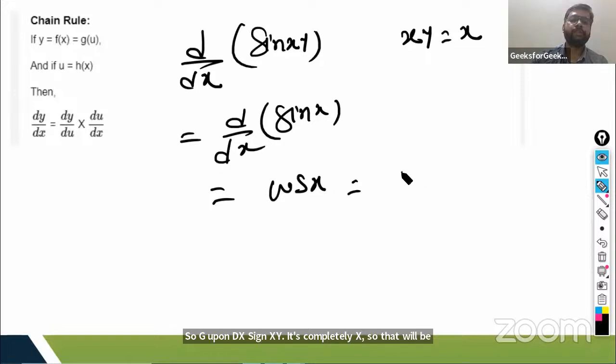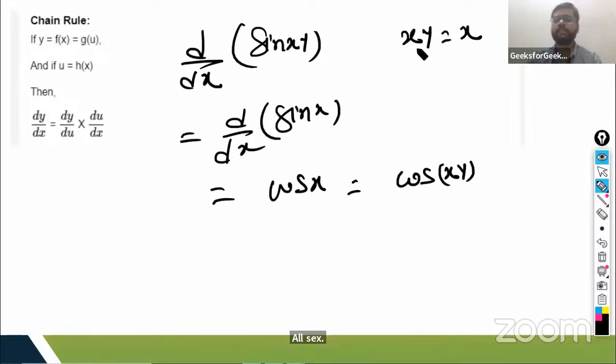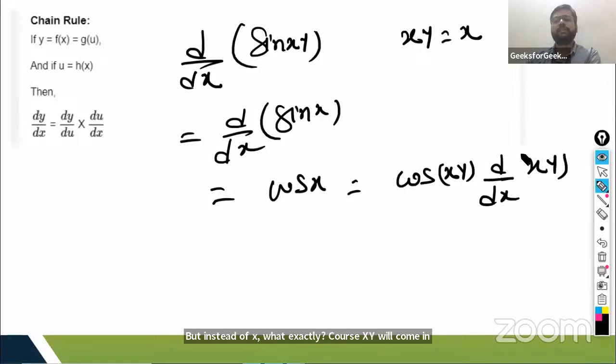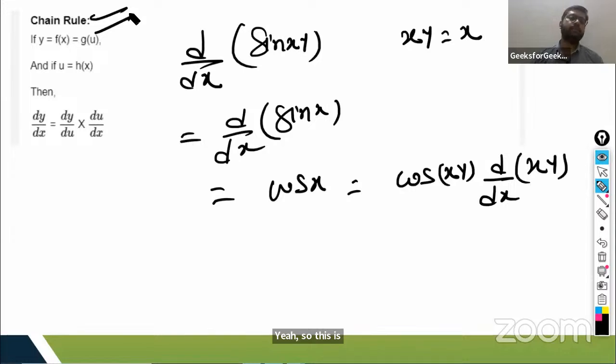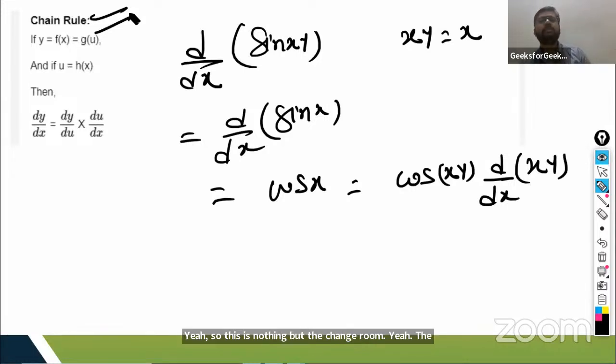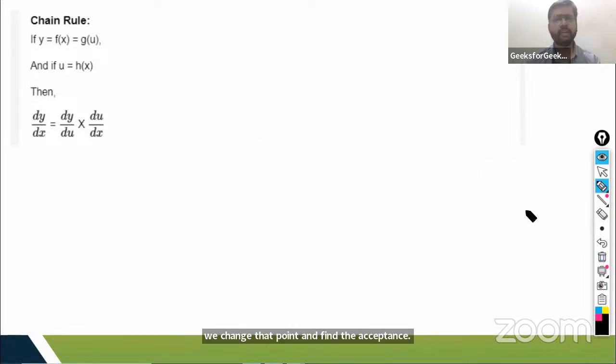But instead of x, cos xy will come into the picture, because x is nothing but xy, and we have to differentiate the xy again. So this is nothing but the chain rule, where we change the original variable with respect to the given variable and find the exact answer. So this is our chain rule. I believe most of you know this formula, right?